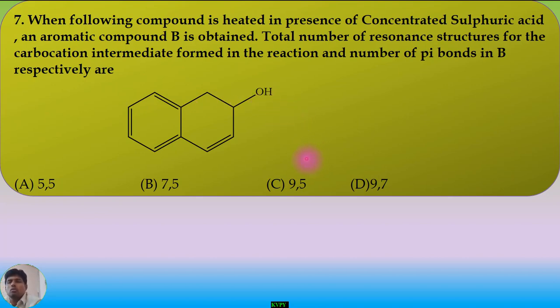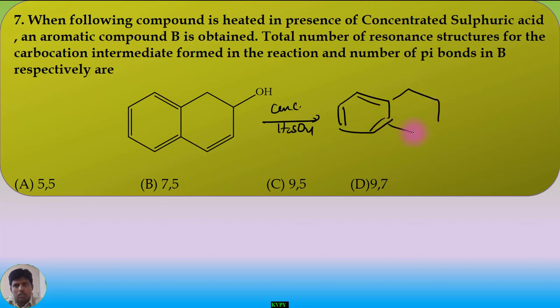So the point is we should know what is B here. So B is naphthalene. So it will be something like this. So how many pi bonds? 5. So there are 5 pi bonds here. So option D is ruled out.